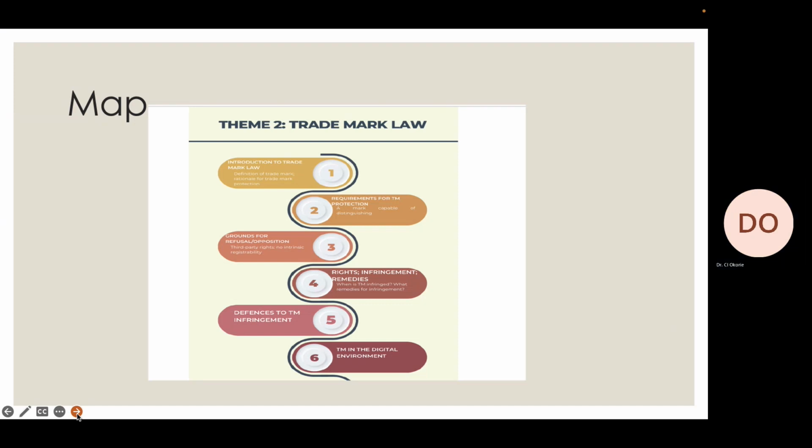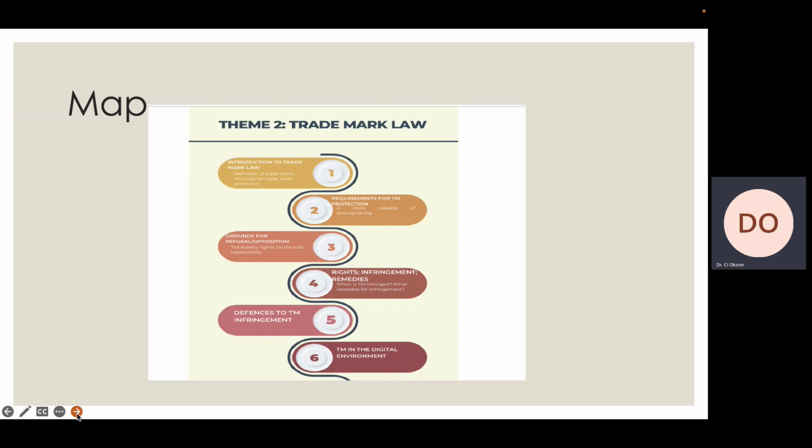And now it's possible that when you file the application, the Registrar of Trade Marks says no, based on certain grounds, your mark will not be registered. Now I'm going to refuse registration.